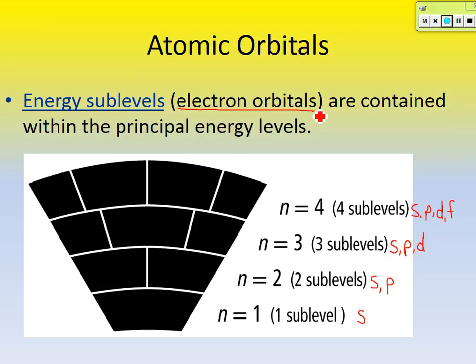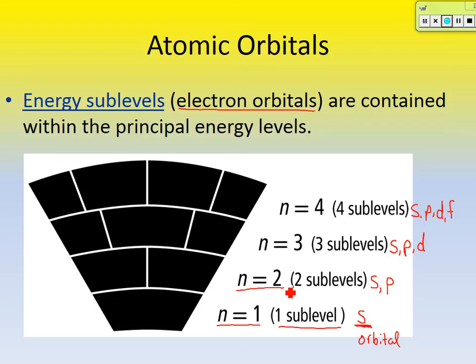For the n equals 1 energy level, there's 1 sublevel. There's 1 sublevel for the s orbital. So this letter here is the orbital. There's an s orbital, which we'll talk more about in just a second.